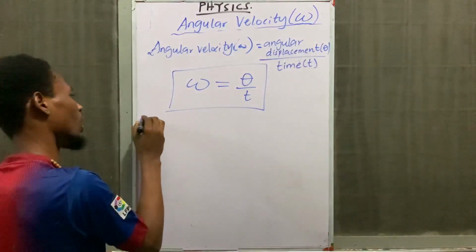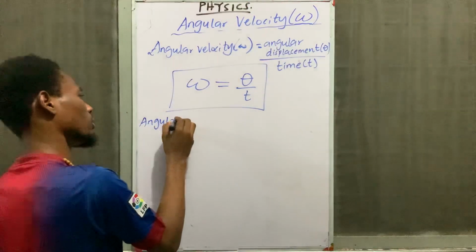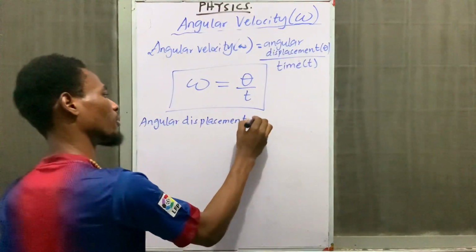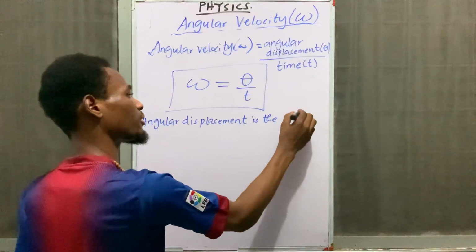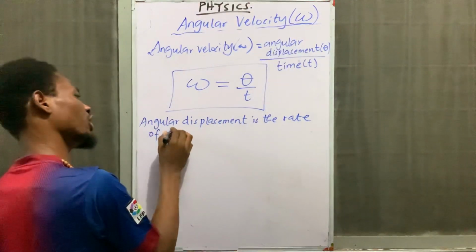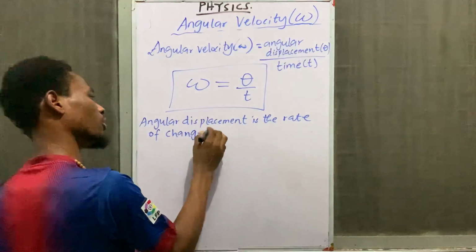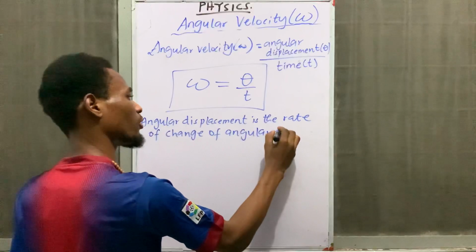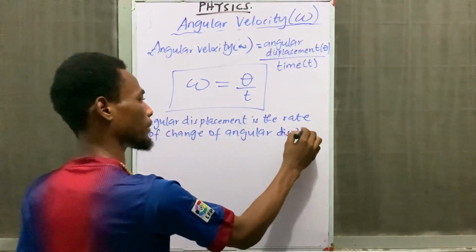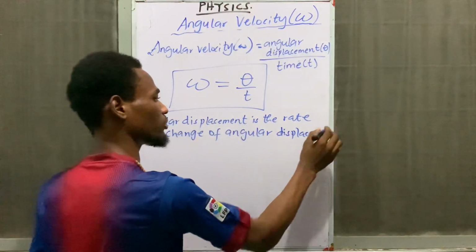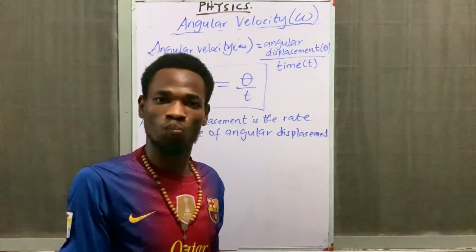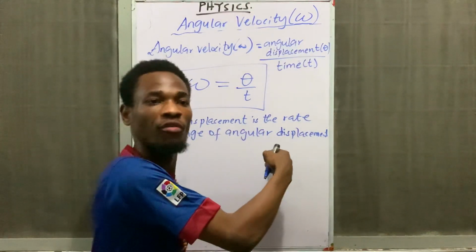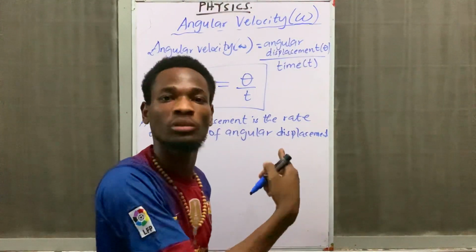So angular velocity is the rate of change of angular displacement. It's correct. Or you can say angular velocity is the rate of change of angular displacement with respect to time.